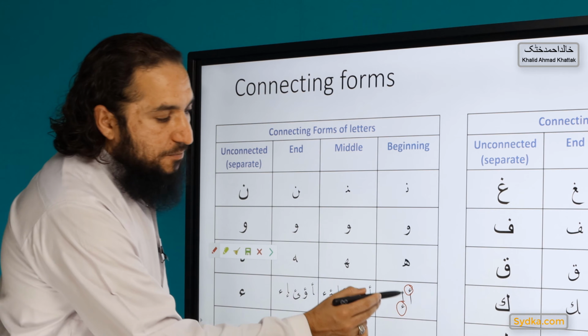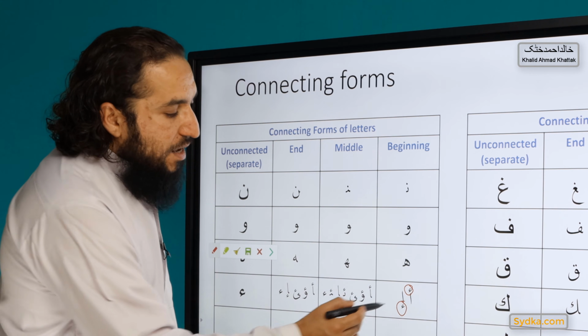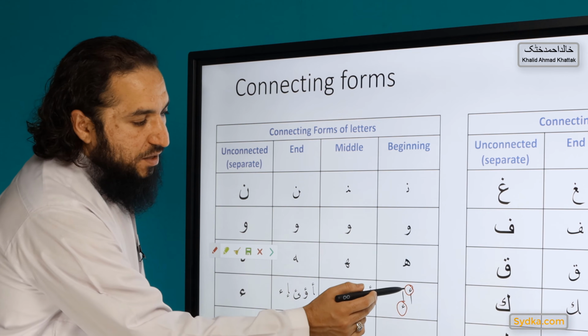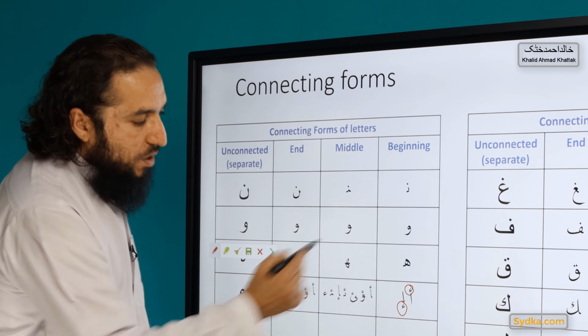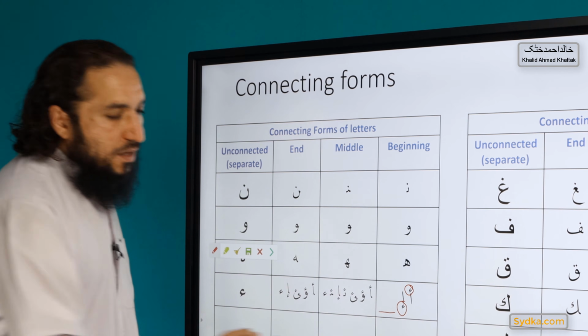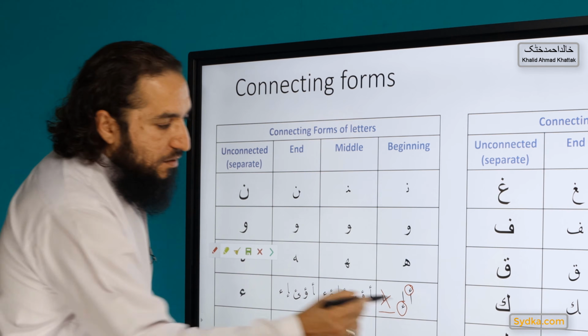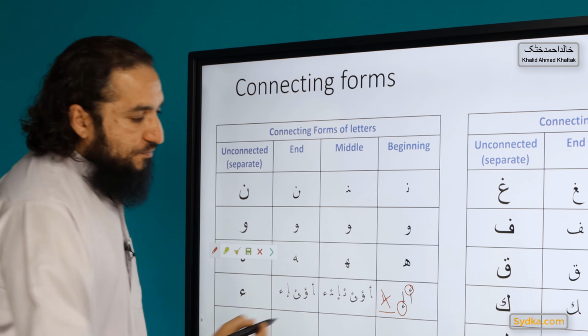So it uses alif as a chair or a seat, either above alif or below alif. So you can't connect other letters after it when it comes in the beginning.